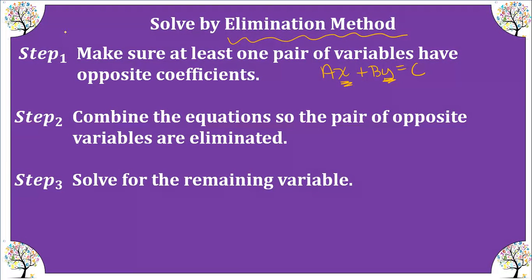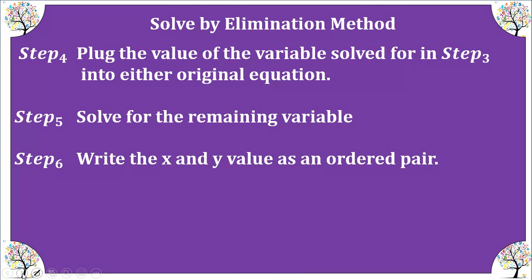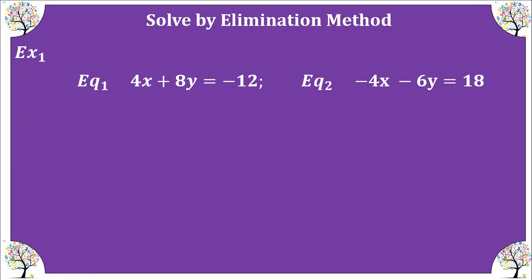But again, make sure you take step 1 in your notes. At least one pair of variables have to have opposite coefficients. And if they don't, then we can make them have opposite by multiplying by a value. So let's just get started.